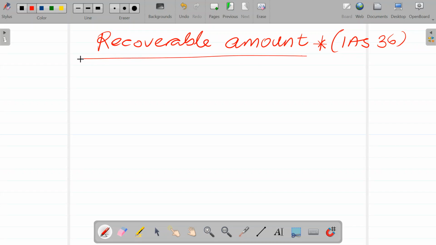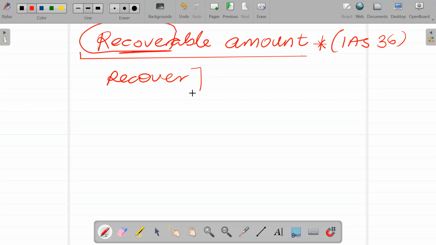Recoverable amount. Recoverable, so you see it's coming from the word recover. What's the meaning of recover? Anyone to help us? To recover means to do what? It means the proceeds we get should we sell the asset. Yes.